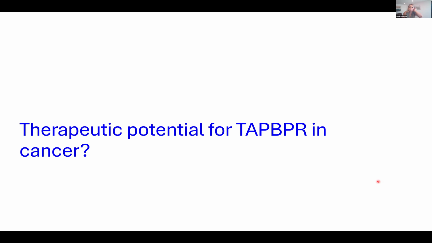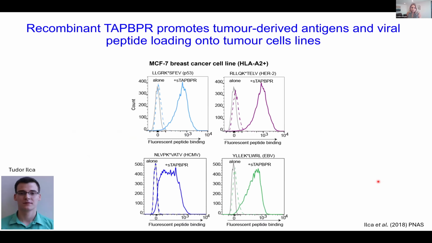So in the last few minutes, I just want to explore some data that we had that asks, is there a therapeutic potential for TAPBPR in cancer? So going back to these assays, when we used recombinant TAPBPR, we found we could use it to promote the loading of tumour-derived antigen and viral peptides onto tumour cells in vitro.